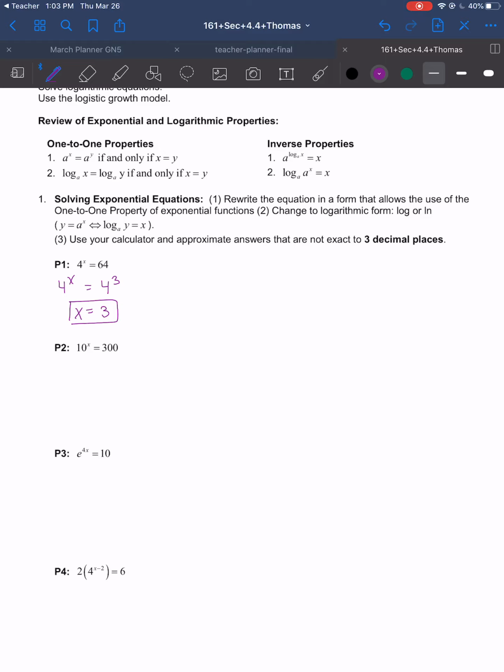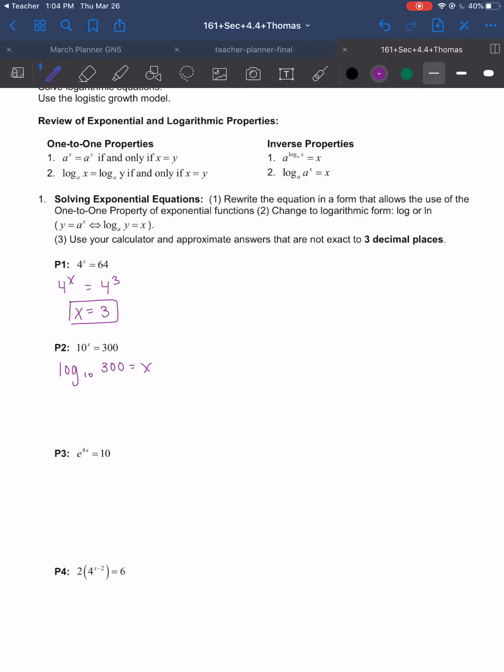And this one, I have 10 to the x equals 300. Well, 10 to any whole power doesn't get me to 300. So I need to rewrite this using this form right here. I'm going to rewrite it into log form. So I'm going to have log base 10 of 300 equals x.